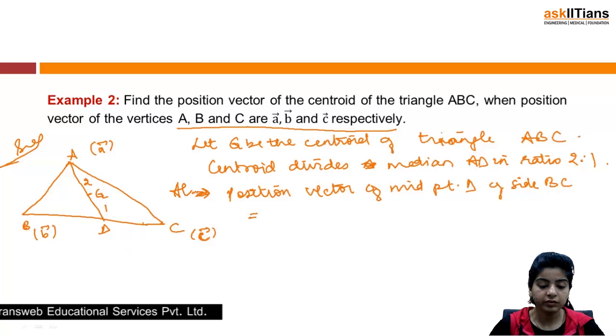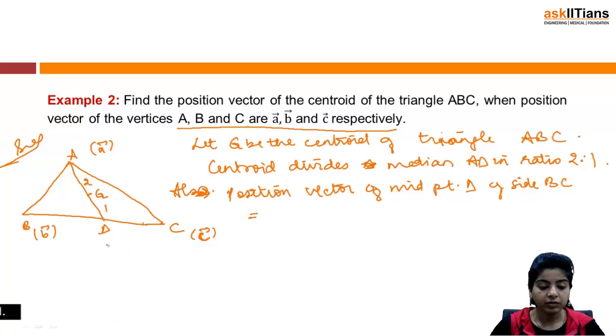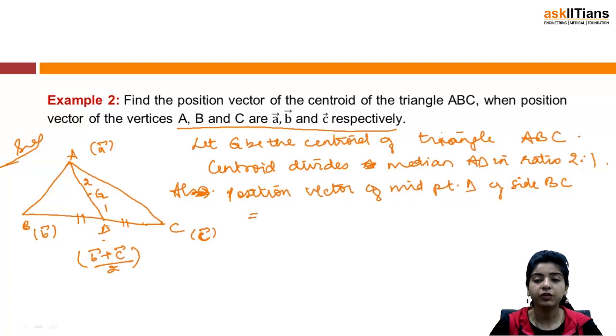Now see, AD is the median, so it divides this side into equal parts, and therefore the position vector of this point would be (b plus c) by 2, because vertex B is vector b and vertex C is vector c. So the position vector of midpoint D of side BC is (b plus c) by 2, right?